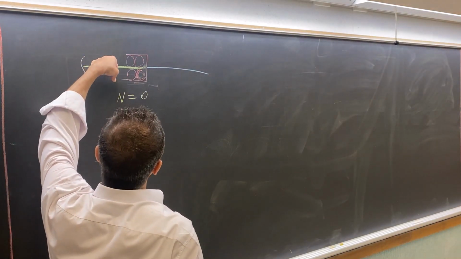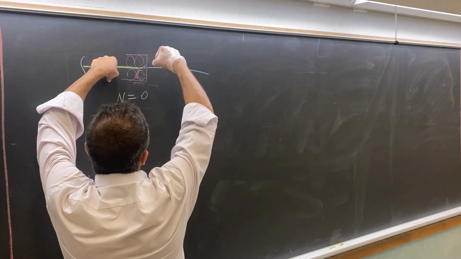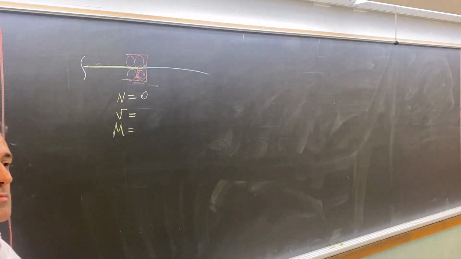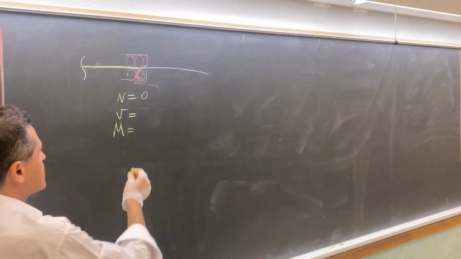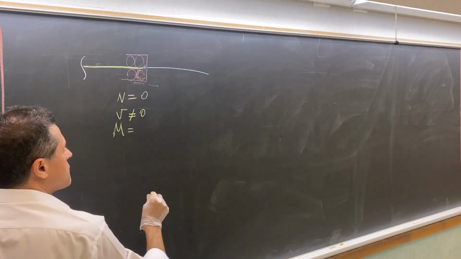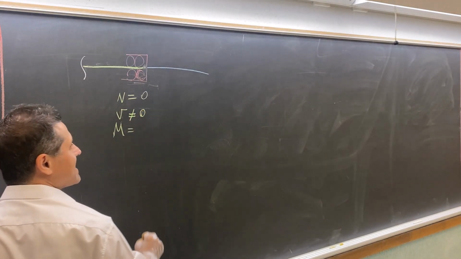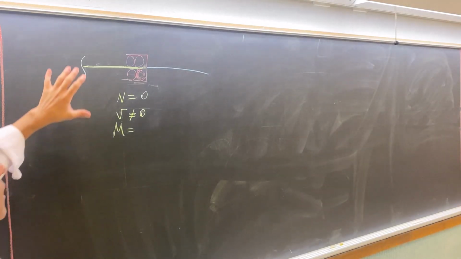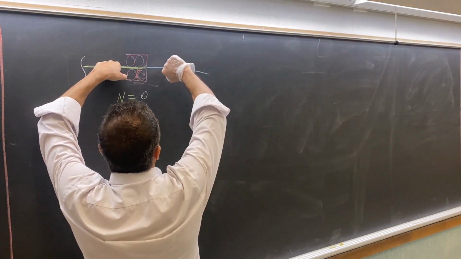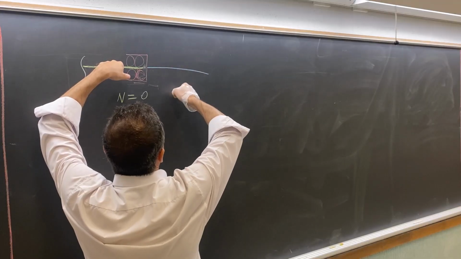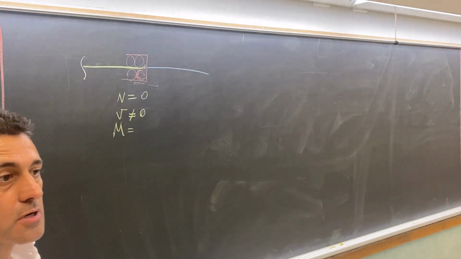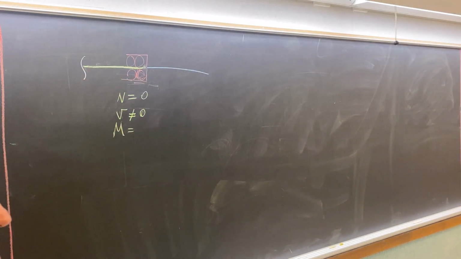If I hold the green element, can I move the blue element up and down? No. So there is a resistance vertically, so shear force exists and it's not 0. I hold this element and I try to rotate the blue element. Does it work? No, it doesn't rotate.